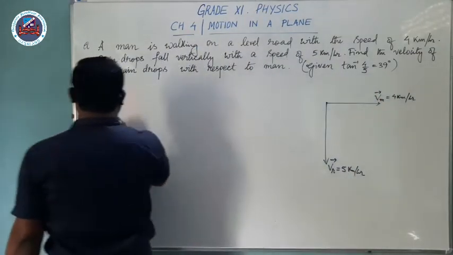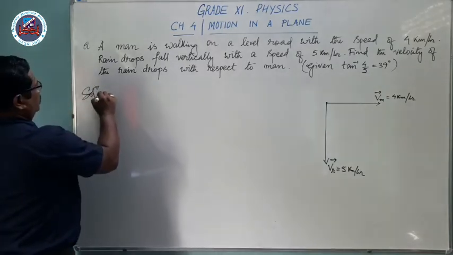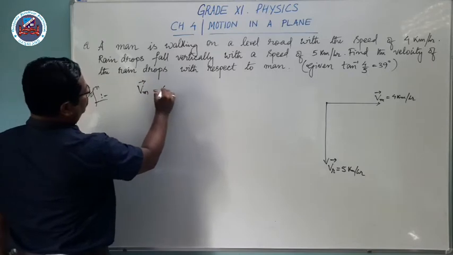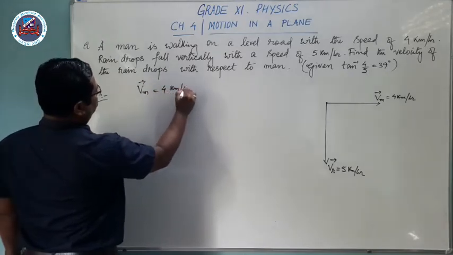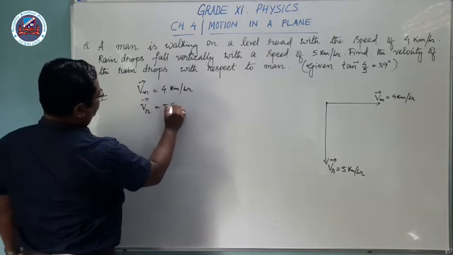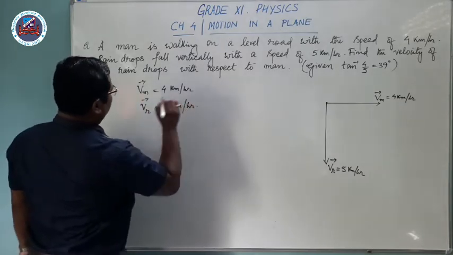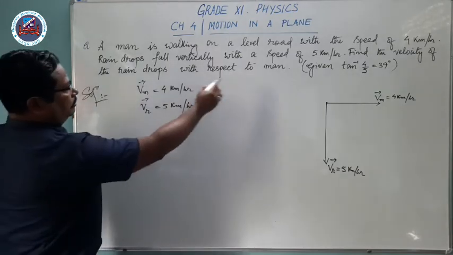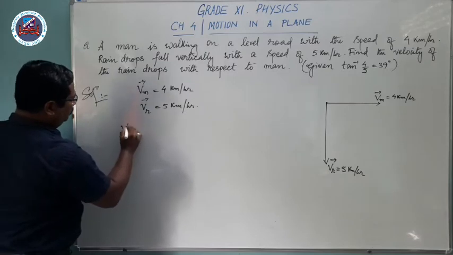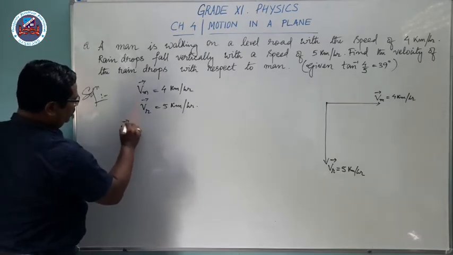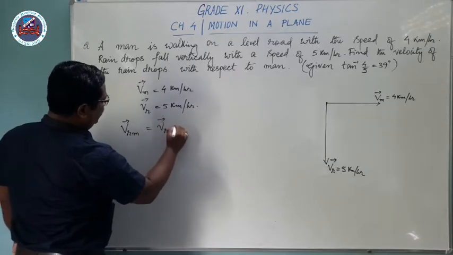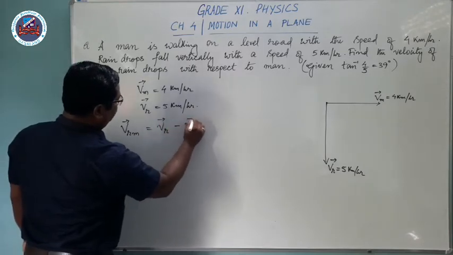So generally when you do the solution, you will write down Vm is equal to 4 km per hour, then Vr is 5 km per hour. To find the velocity of raindrops with respect to man, it will be Vr minus Vm.